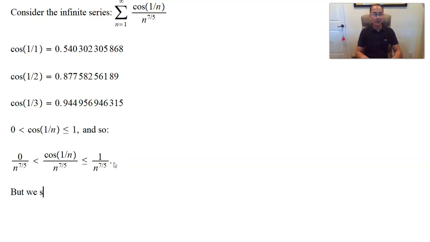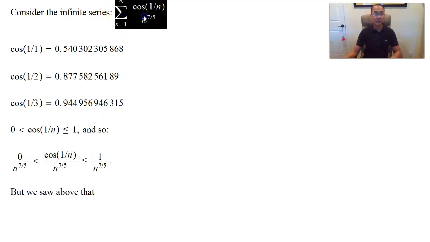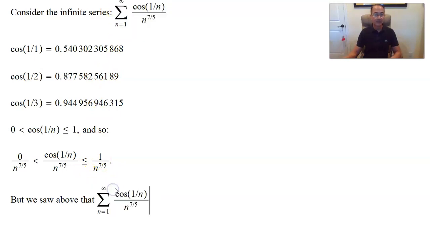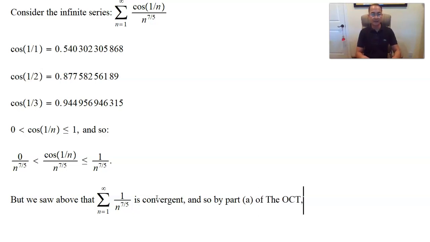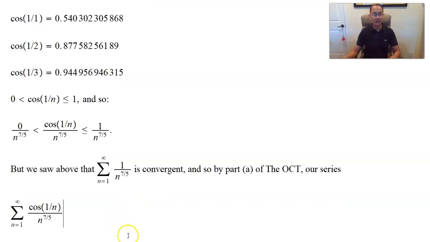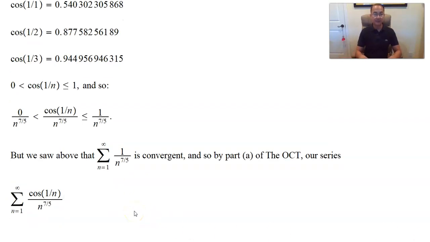But we saw above that the summation n equals 1 to infinity of just 1 over n to the 7/5 is convergent. And so by part A of the ordinary comparison test, our series, which is the summation of cosine 1 over n to the 7/5, is also convergent.